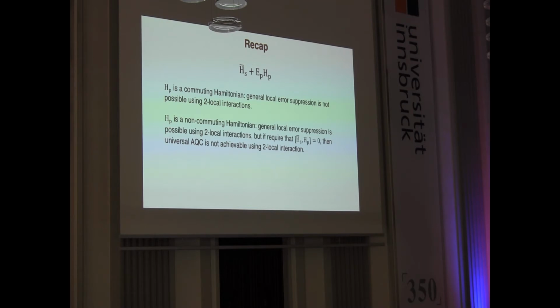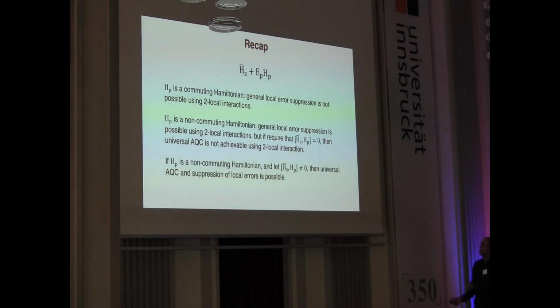If we allow HP to be non-commuting, we can suppress errors. But if we still want the two Hamiltonians to commute, we can't have universal AQC using only two-body interactions. But we can go one step toward non-commuting. Not only is HP non-commuting, let HP and HS be non-commuting. Then we can get universal AQC and suppression of local errors.